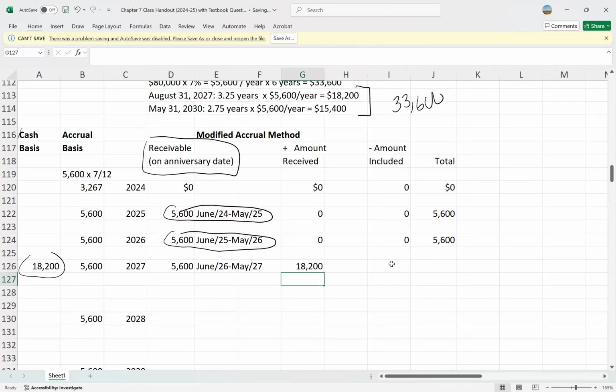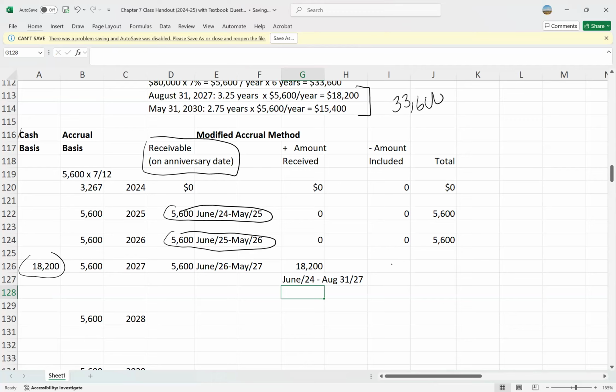So this 18,200 represents everything from June 1st, 2024 to August 31st, 2027. So the first 3 years plus a quarter. A quarter of a year is 3 months. So everything for the first 3 years plus June, July, and August.